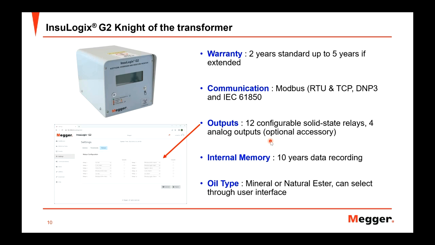Our memory is around 10 years or more at least. Very simple. We can also use it with any oil type of your transformer. You can select those options inside of our system.